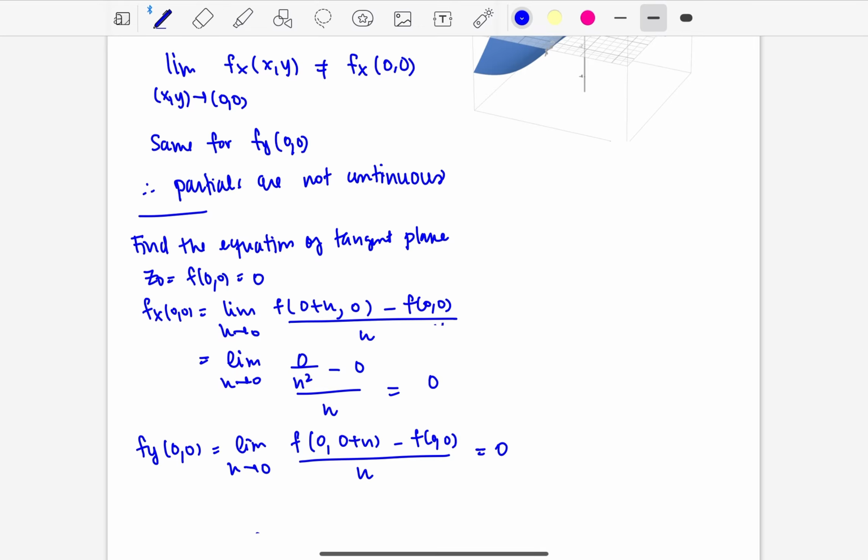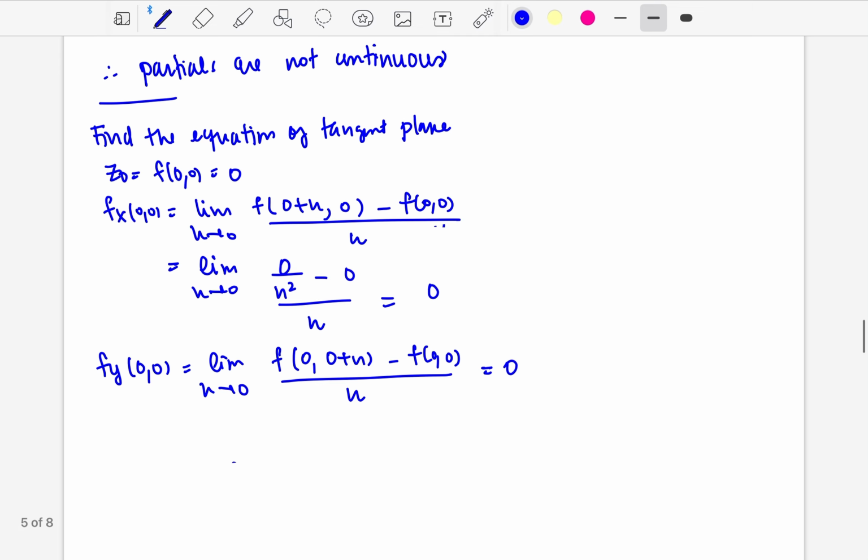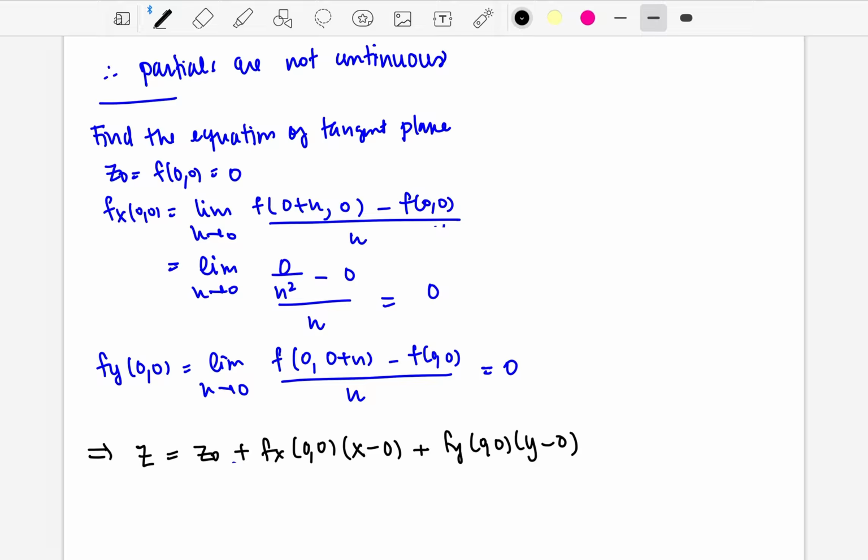When I combine these two things, the equation of the plane is given by z equal to z naught plus fx of 0, 0 times x minus 0 plus fy of 0, 0 times y minus 0. I'm replacing x naught and y naught with 0, 0, and z naught is also 0.